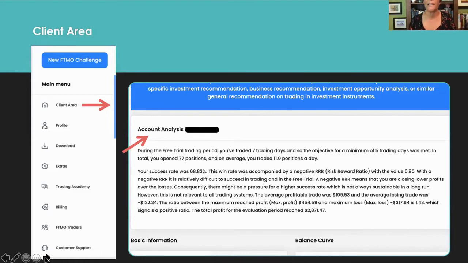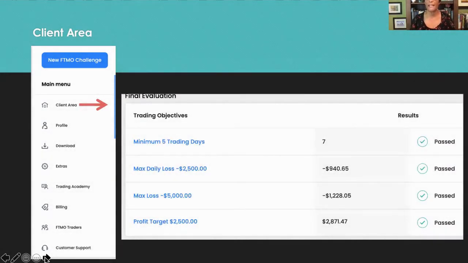These are the trading objectives. All 4 of these have to be passed in order to pass the challenge or the demo free trial. If even one of those has a red X, you are not going to be successful. You're not going to pass.